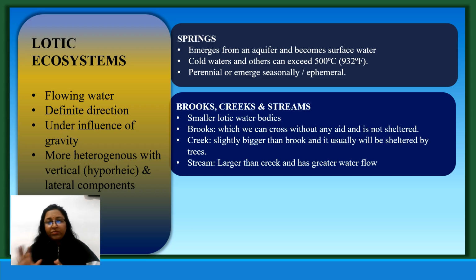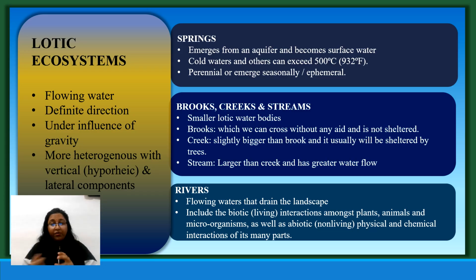So that we call brooks. Now we have the second category, creeks. Creeks are larger than brooks, and they are usually sheltered by trees. On the banks, we get to see many trees, right? So those are creeks. Streams are larger than creeks and have a greater water flow. So these are three examples of the smaller types of lotic ecosystems.